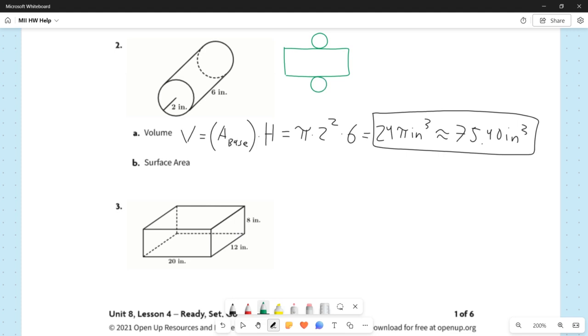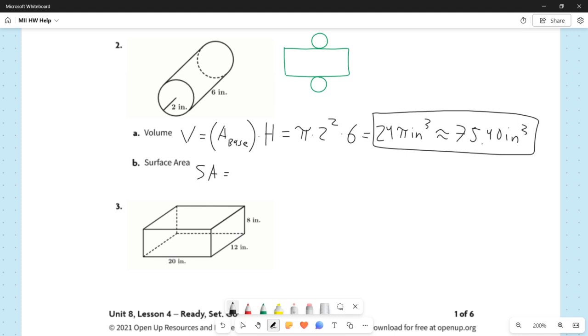Okay. So the two circles represent the top and the bottom. And then the rectangle, if you imagine something like a soup can, the rectangle is the label that goes around the can. Okay. Surface area is the sum of all of these areas, of all of the different things in green here. Well, the circles are a little bit easier to understand, so we're going to start with those.